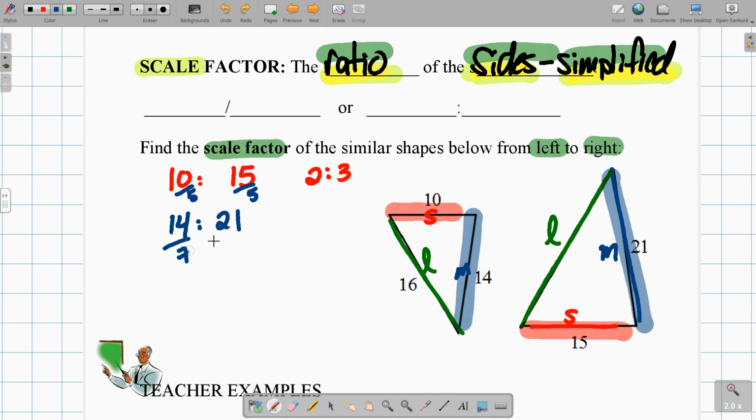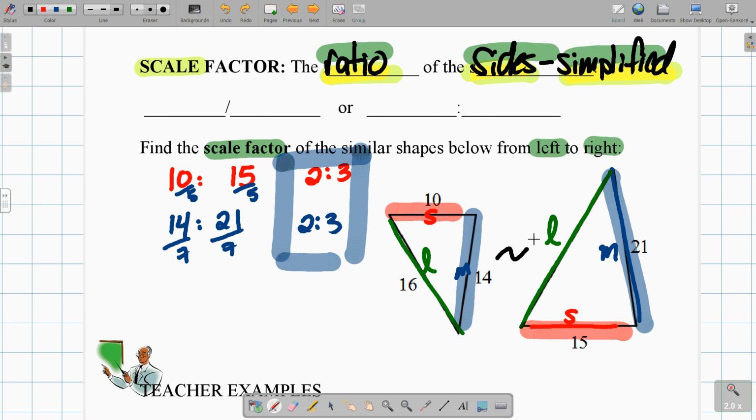Both of these are divisible by 7. Notice they reduce to the same ratio, which is what we'd expect because we already said that they are similar. So my scale factor here from left to right would be 2 over 3 or 2 to 3.